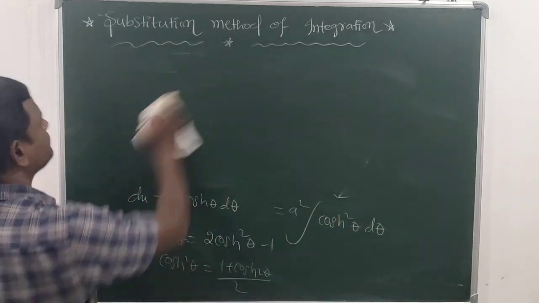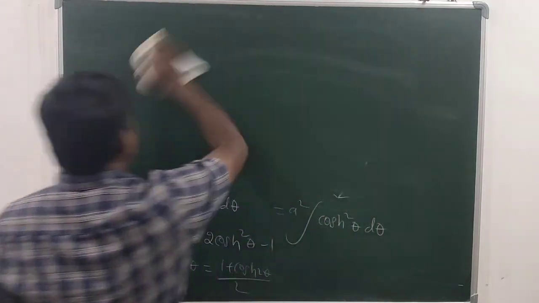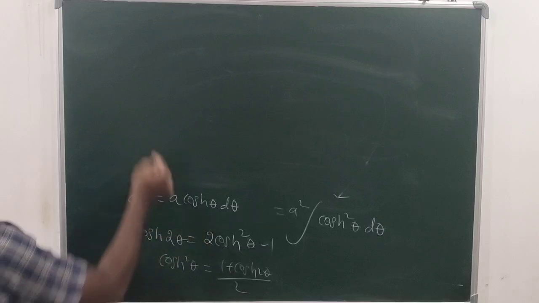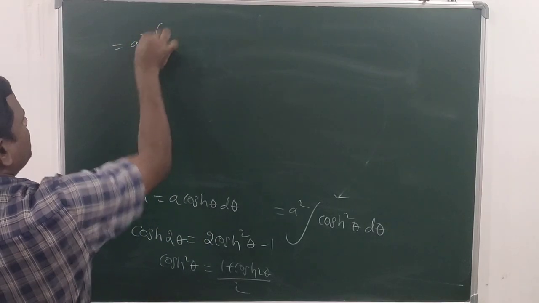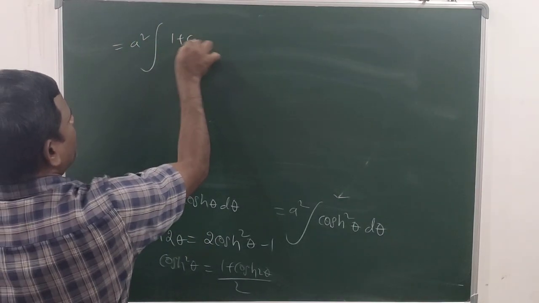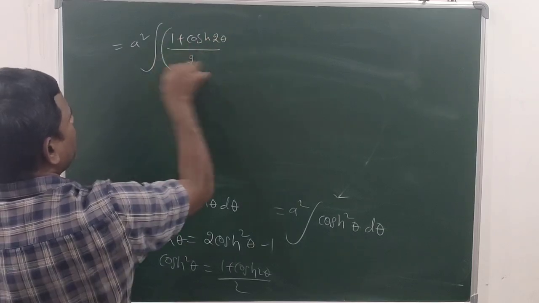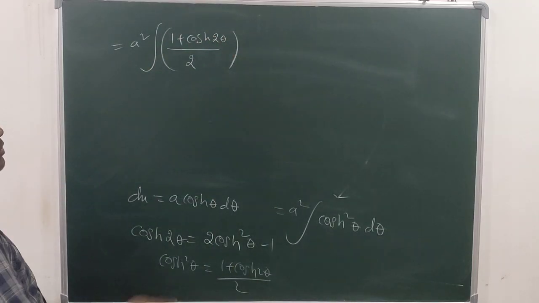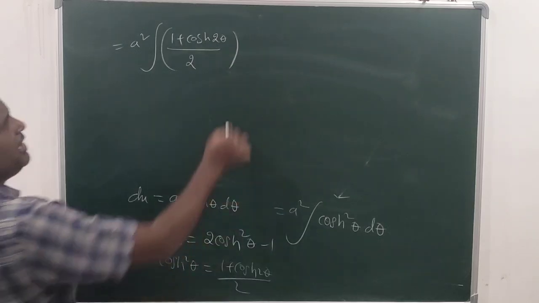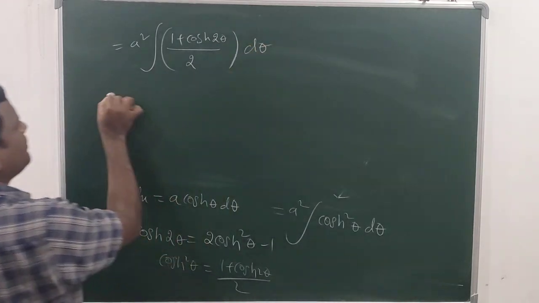See, what do you get on writing this over there? a square integral of (1 plus cosh 2 theta by 2) d theta. Right.